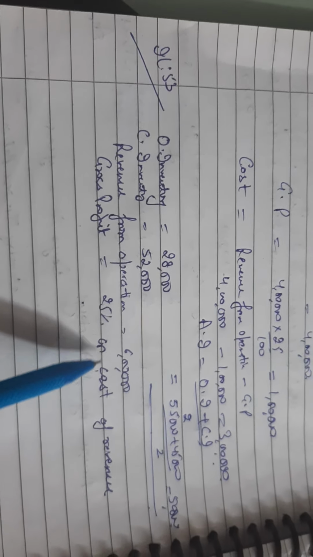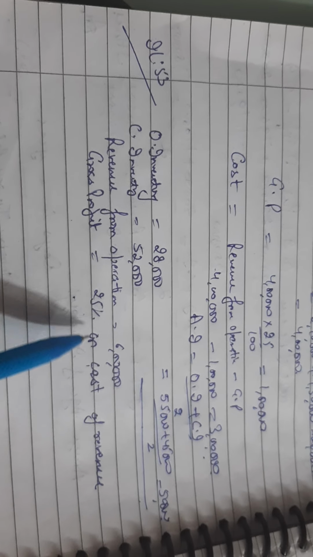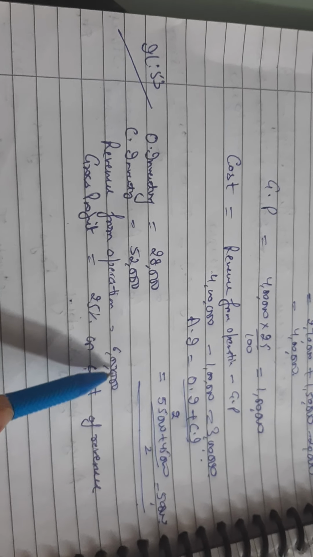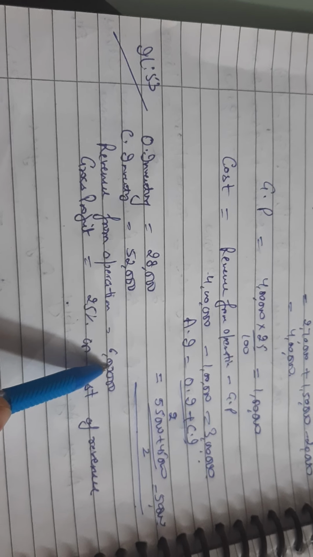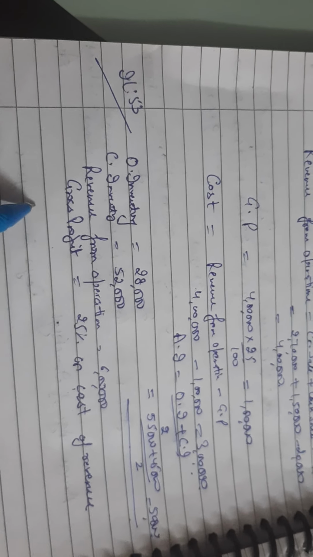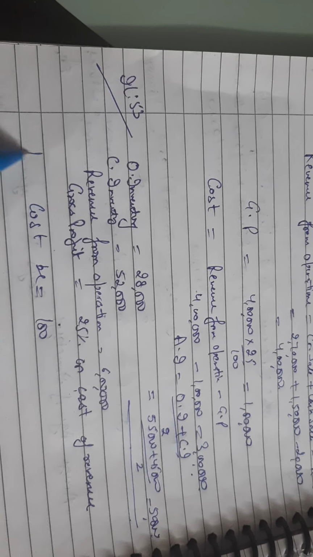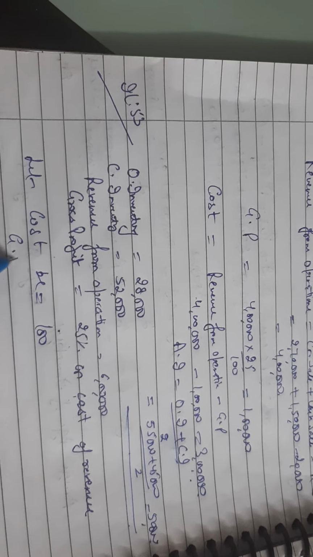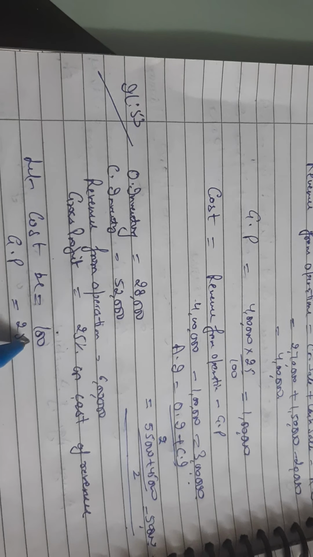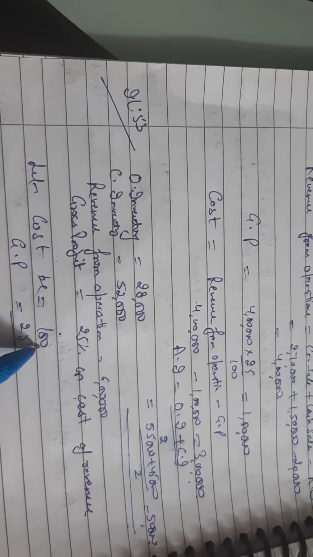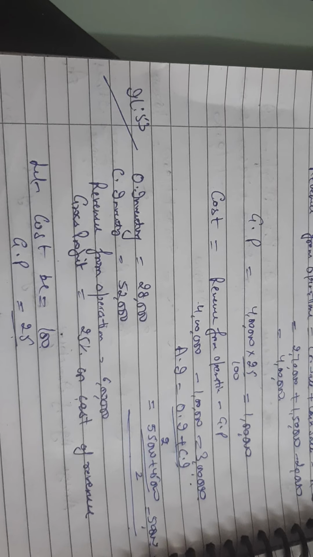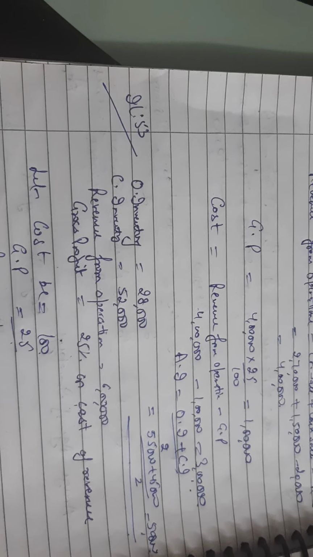Now the gross profit is 25% on the cost, and we don't have the cost in this question. So we will assume the cost to be 100 and the gross profit as 25% of the cost. So cost is 100 and the gross profit is 25. It means the revenue will be 125.